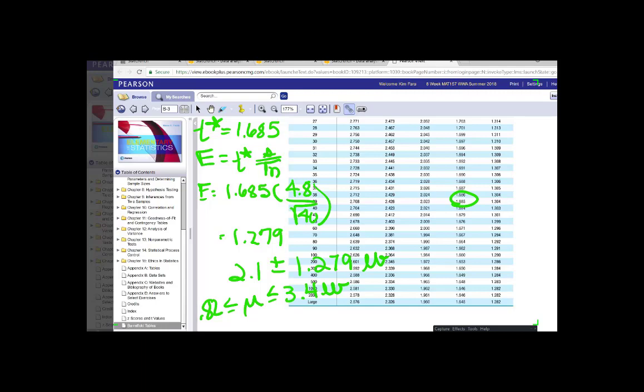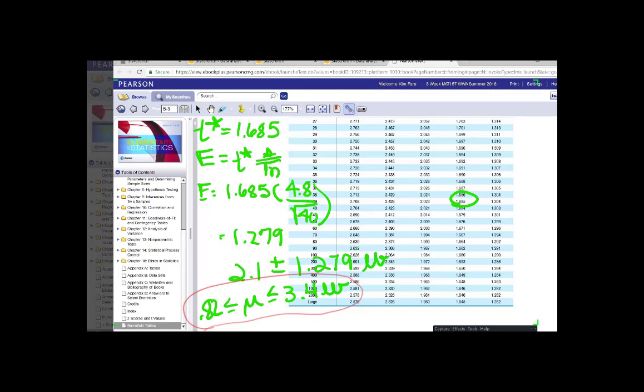Now let's answer the rest of the problem. It says, does the Atkins program appear to be effective? Does it appear to be practical? Okay, notice that our estimate of the true mean will be more than 0, so there is weight loss.